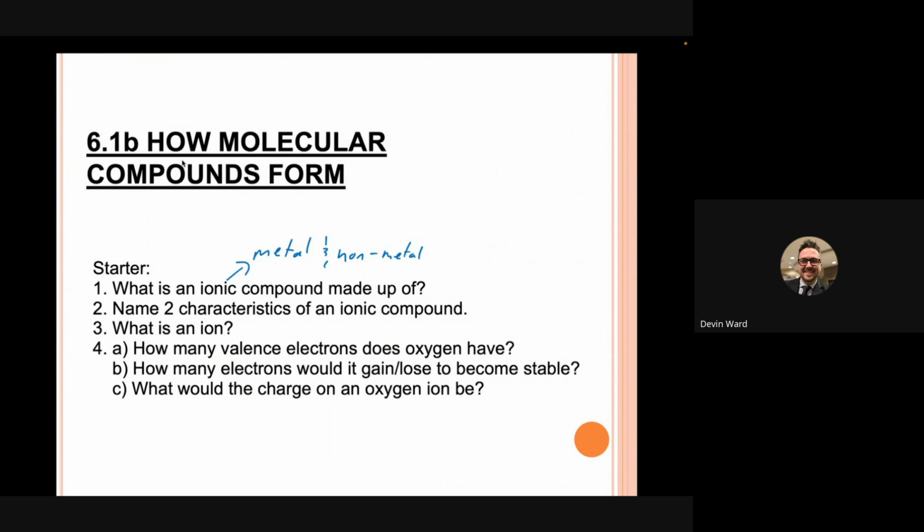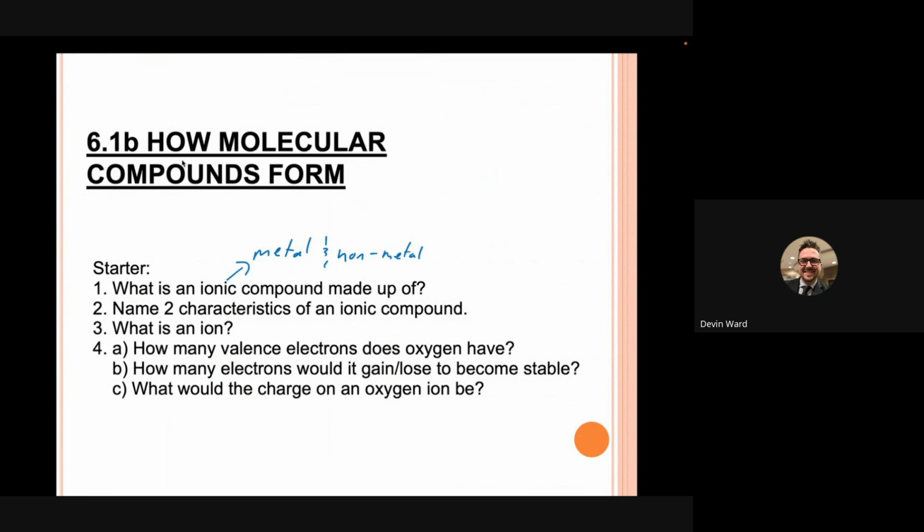So there are two main types of compounds that can form. Ionic compounds that are a metal and a non-metal, like sodium chloride, and molecular compounds, which are a non-metal and another non-metal. We could have multiple non-metals, but we're just going to talk about two. So ionic is metal, non-metal. Molecular is two non-metals.